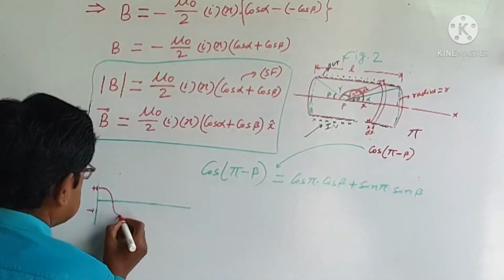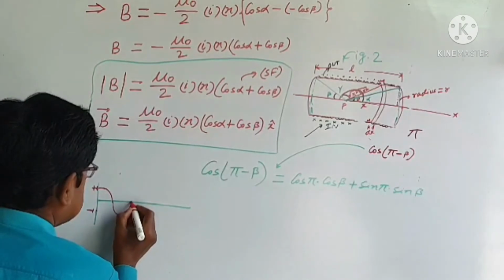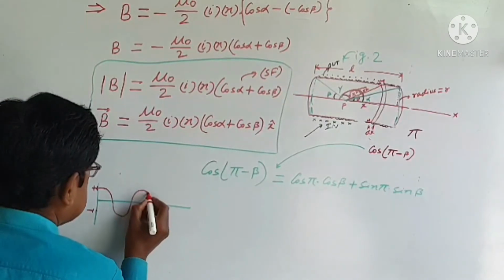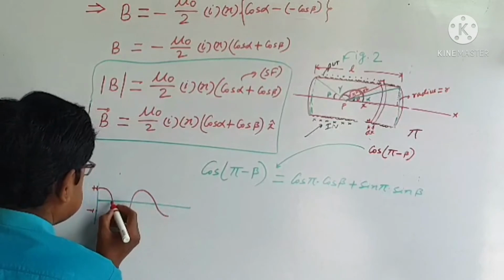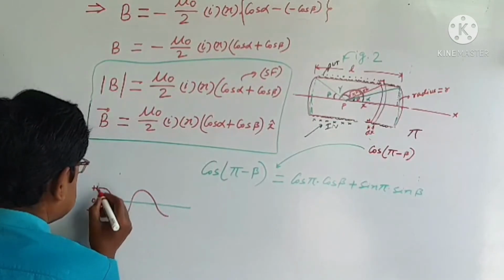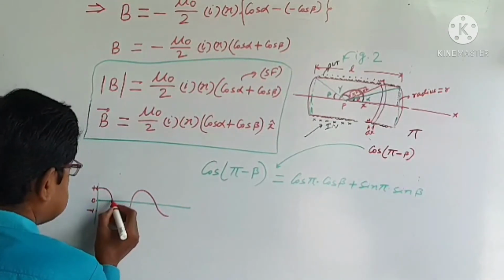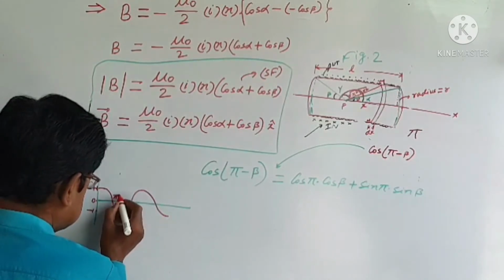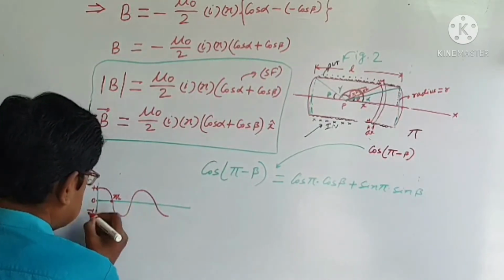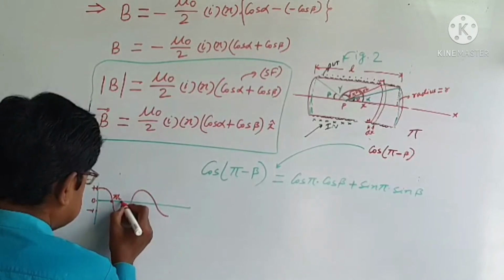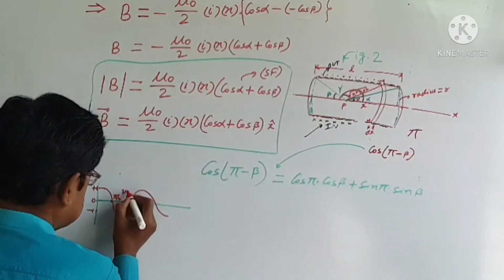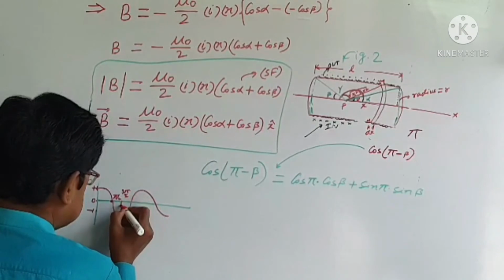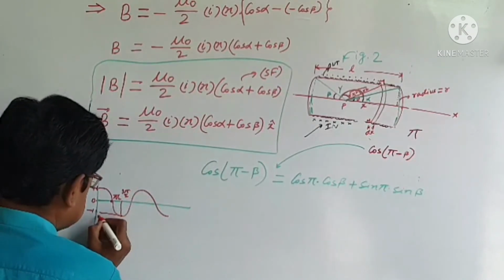That means at 0, cos 0 is plus 1, this is pi by 2, 0, this is 3 pi upon 2, this is minus 1.